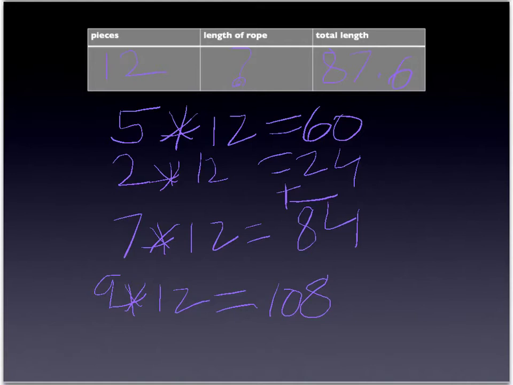That's too high. Well, what if I take 12 away from 9 times 12? That would give me 96, so I have 8 times 12. So what I've been able to determine is that 87.6 is between 84 and 96, so my answer is going to be between 7 and 8 meters long, somewhere in there.